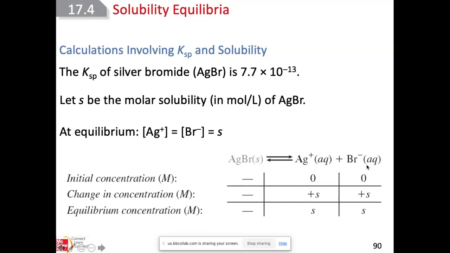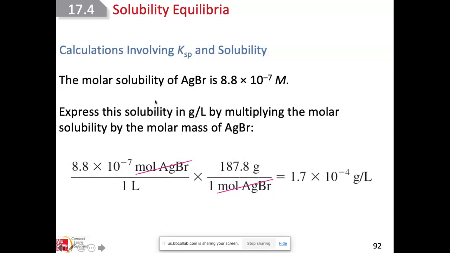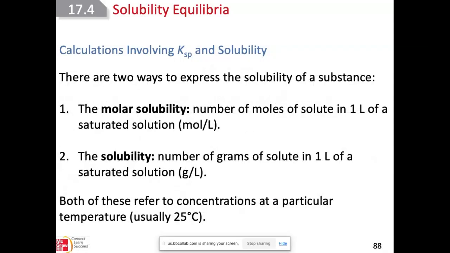The reaction will proceed in the forward direction to make those ions, plus S and plus S. In this case, instead of X, they're using the variable S. At equilibrium, we have the equilibrium concentrations of those ions. We will put this in the expression of KSP, and we will find that S equals 8.8 times 10 to the negative 7 molar. So that means the molar solubility. Once again, what is a molar solubility, guys? Let's go back here.